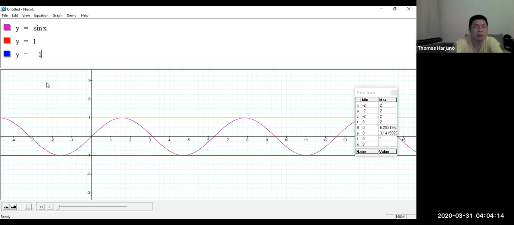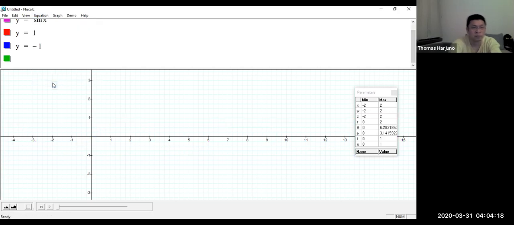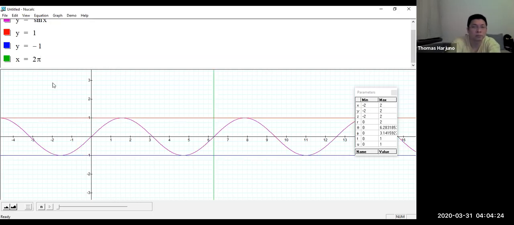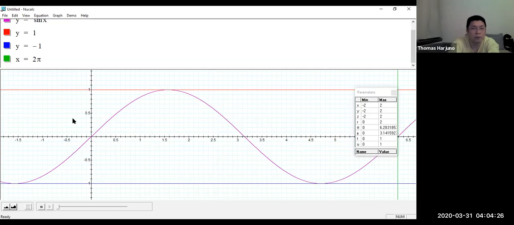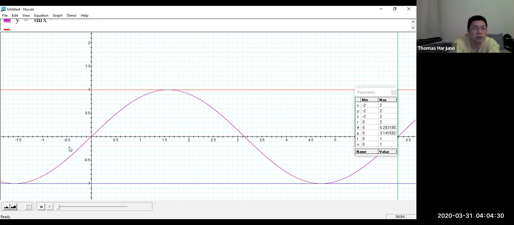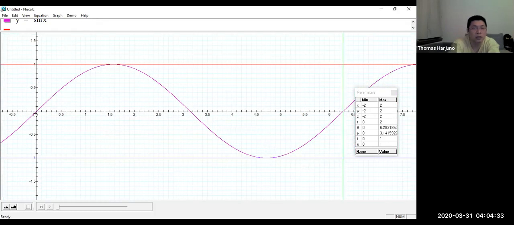Now, it repeats the cycle every 2 pi. So if I zoom into this one cycle here, you see this is the graph of sine x.